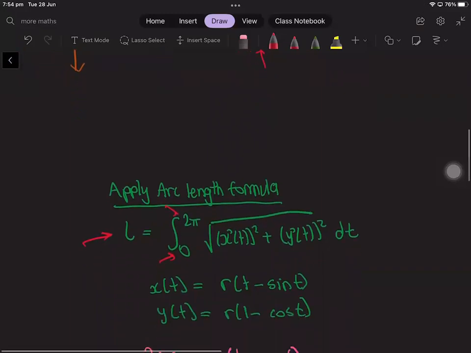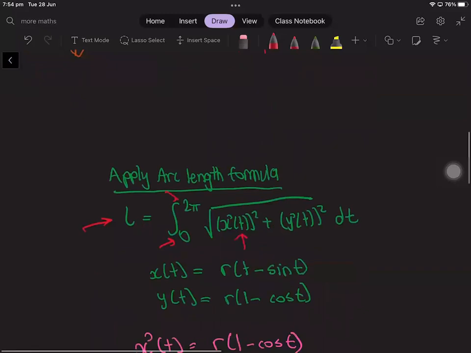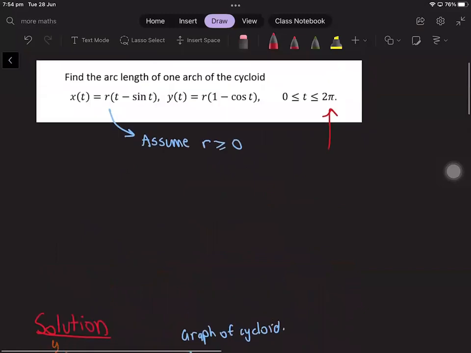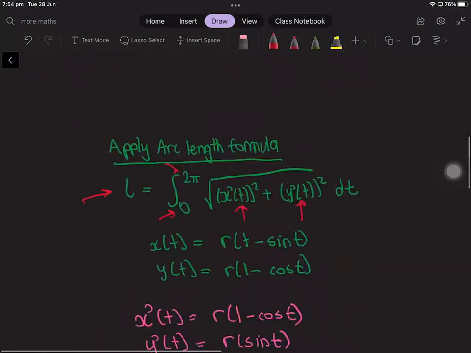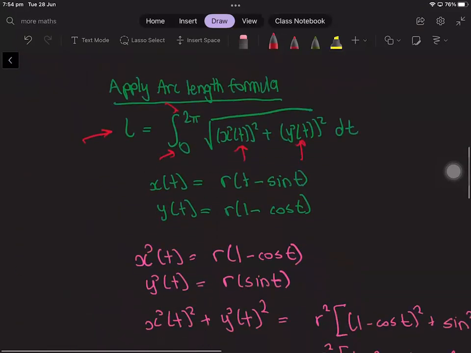So we can calculate what these inside terms are. x(t) from the equation was r(t - sin t), and y(t) is r(1 - cos t). If we find the derivative of x(t), we get r(1 - cos t), and the derivative of y(t) is r sin t.